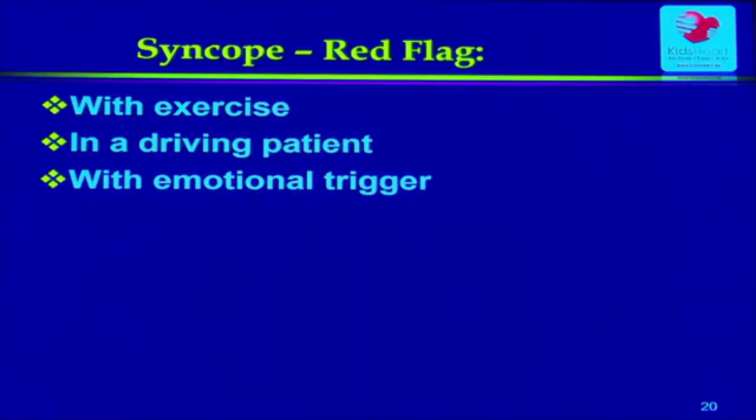I have a very nice history of a family with long QT syndrome where a girl was treated for seizure for many years. Her brother and sister were hiding behind the wall, and every time they scared her she would fall down, and they were thinking about it as fun.